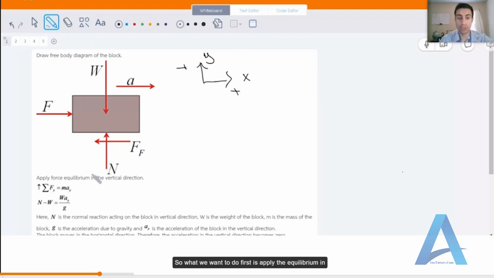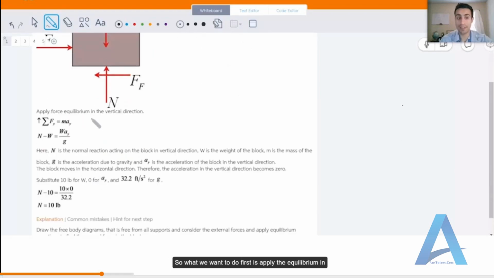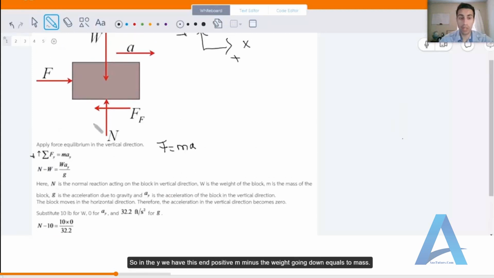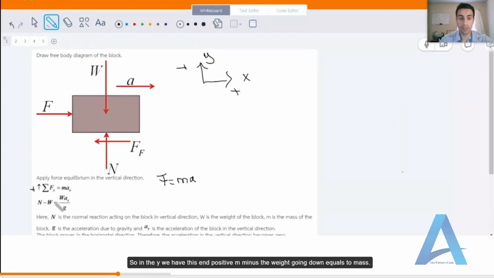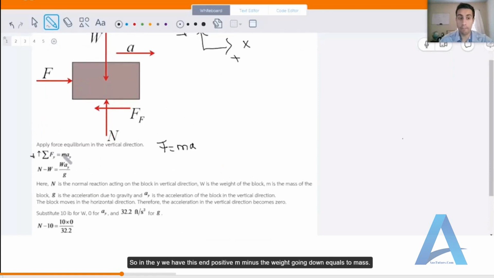So what we want to do first is apply the force equilibrium in the vertical direction. We know F equals ma, so we're doing this in the y direction. Assuming positive is up, we sum the forces in the y equals mass times acceleration in the y. So in the y, we have positive N minus the weight going down equals mass.